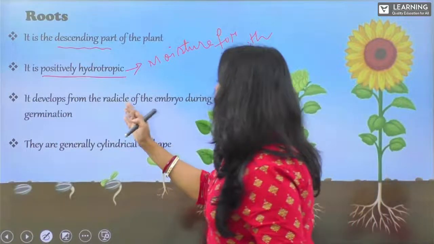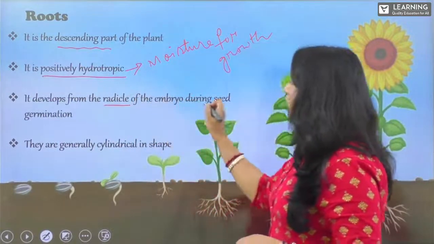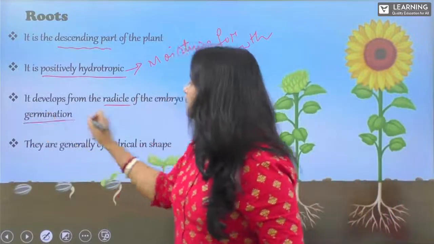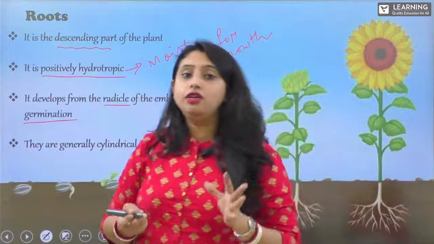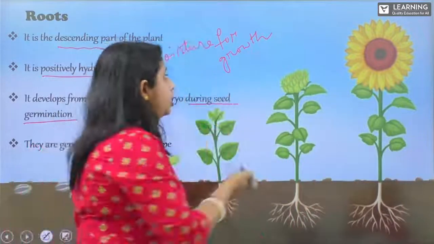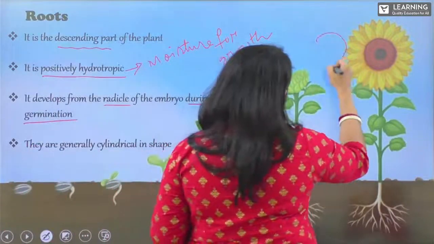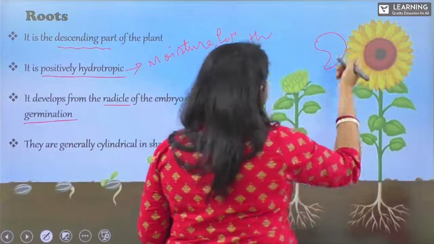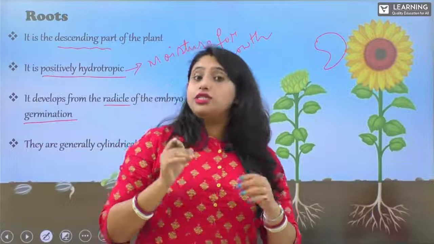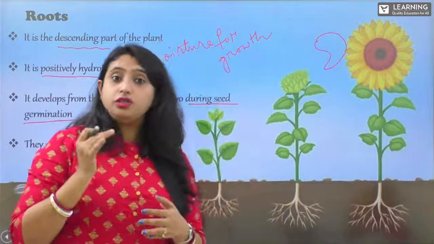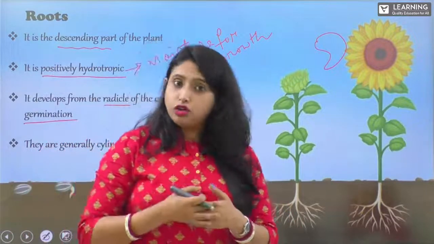It develops from the radicle of the embryo during seed germination. As I have already said, the roots develop from the radicle of the embryo. If this is a seed, inside the seed there is an embryo. The embryo of the seed provides nutrition for development and growth.